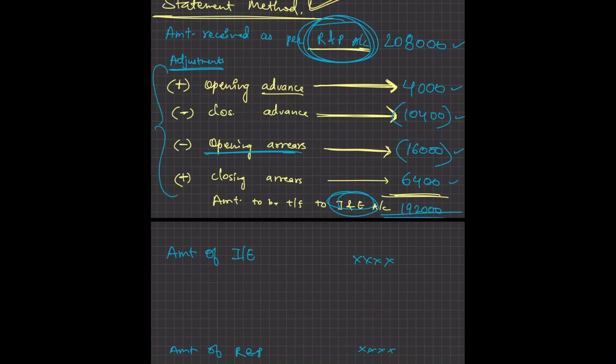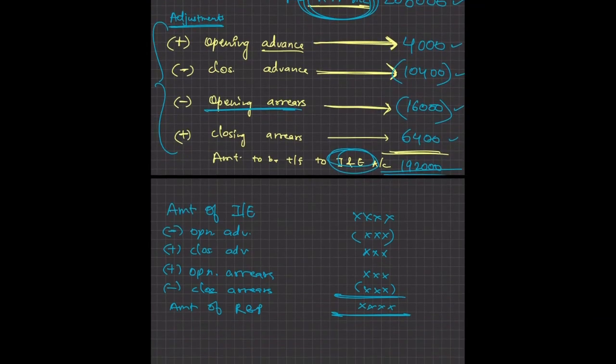The opening advance was plus, so here it will become minus. Closing advance was minus earlier, so this will become plus. Opening arrear was minus, so here it will become plus. And in the end, closing arrear was plus, so here it would become minus. So you will get your answer, that is amount as per receipt and payment account.